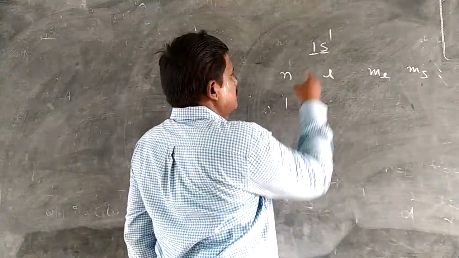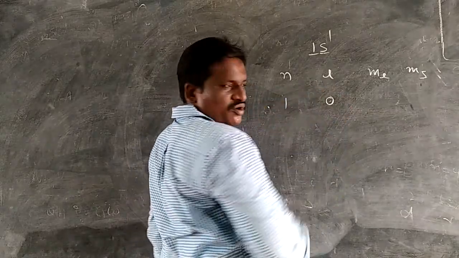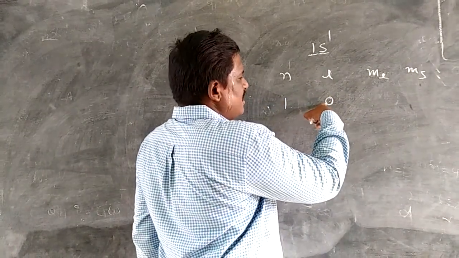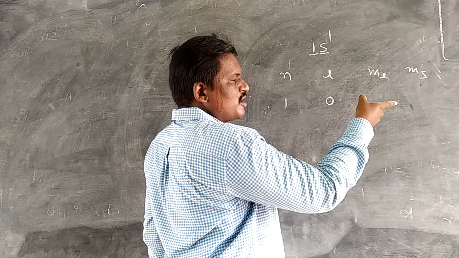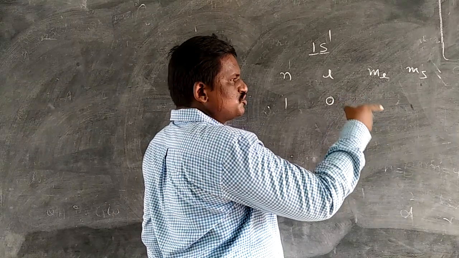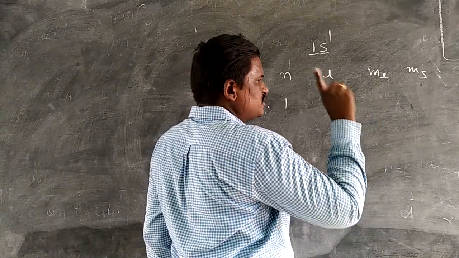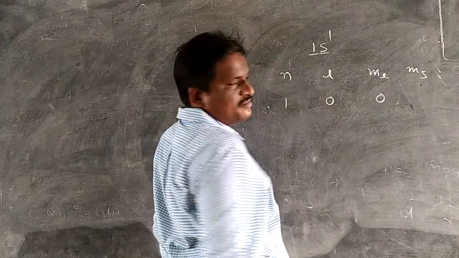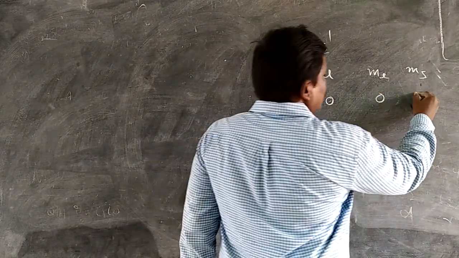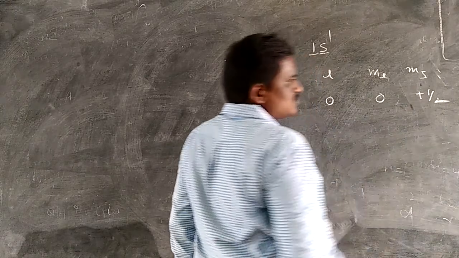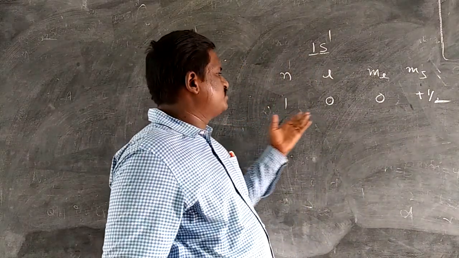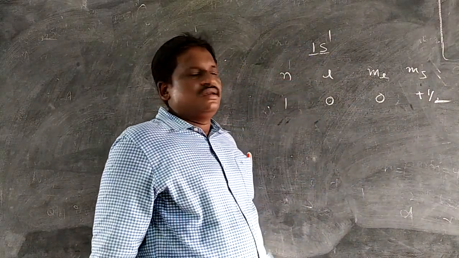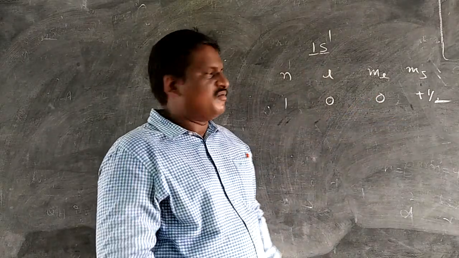The n value is 1. Here s is there, so the l value is 0. Automatically, for ml we apply the formula 2 into l plus 1, which is 2 into 0 plus 1, that is 1. That value is 0. Here 1s1 is plus half. For 1s2, it is 1, 0, 0, and the 1s2 one means minus half.